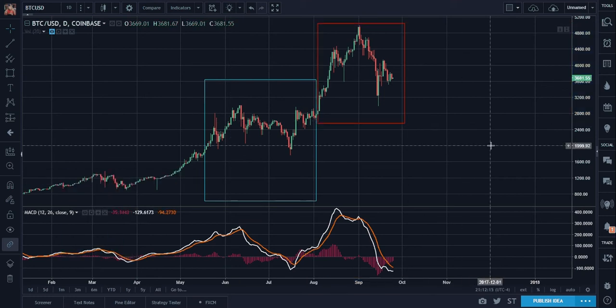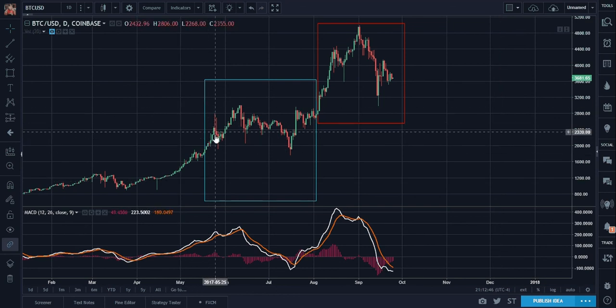And this box. Okay. So a fractal, what is a fractal? F-R-A-C-T-A-L. A fractal is a pattern that is similar and is repeated at a different time scale as well as price scale. That is a fractal.